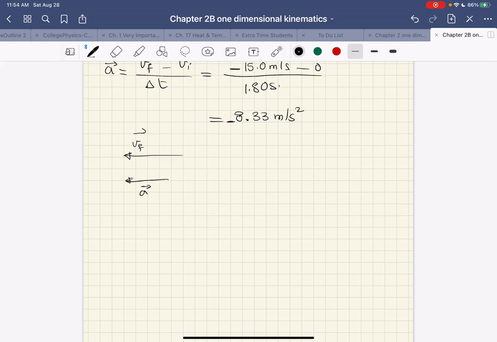Now also, I want to say we should differentiate between two terms. One of them, let me do this here for velocity also: when I talk about average velocity versus instantaneous velocity.